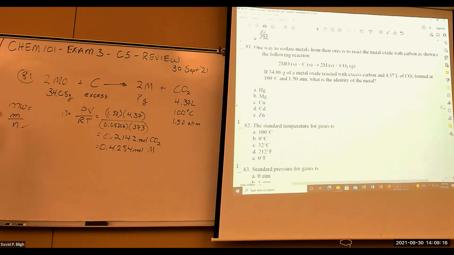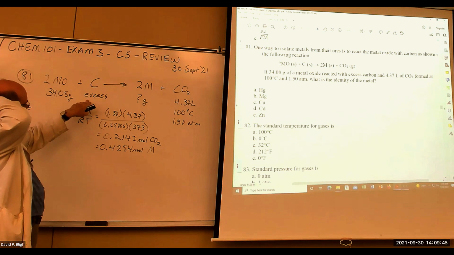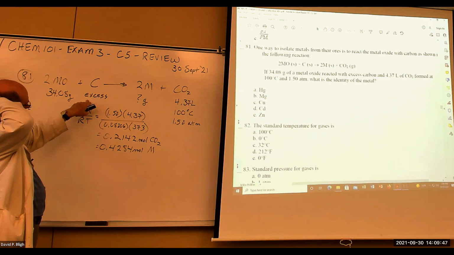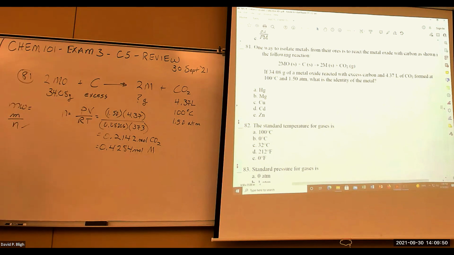Now we need to figure out what's the mass. We know this much here. Can we tell how much of this? That's the long way around.